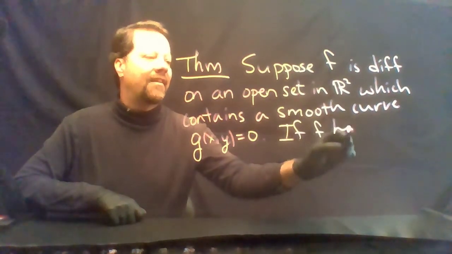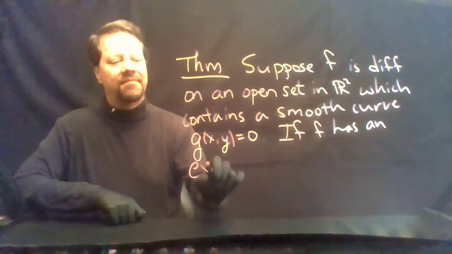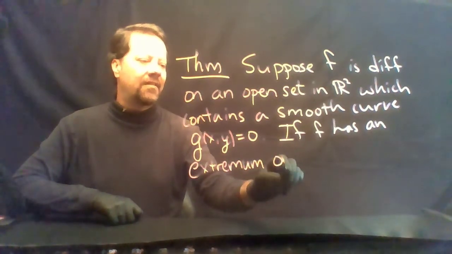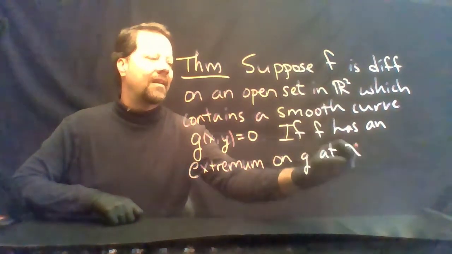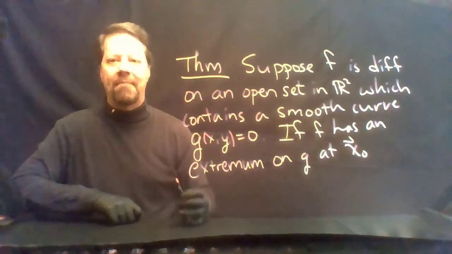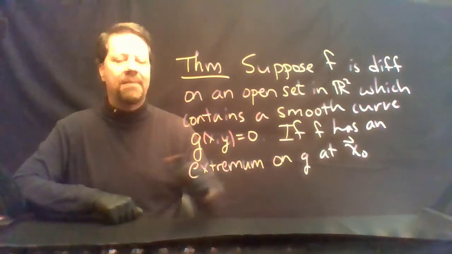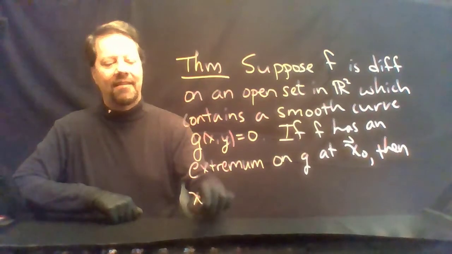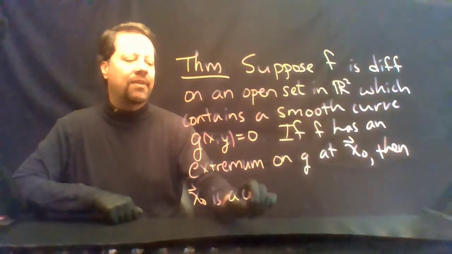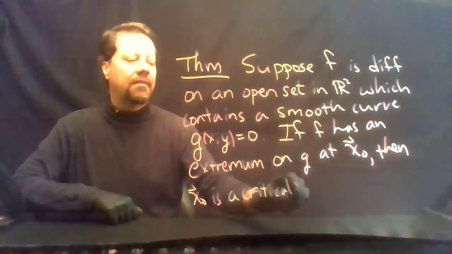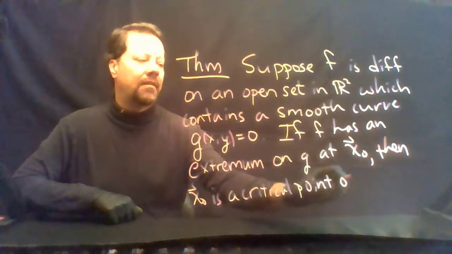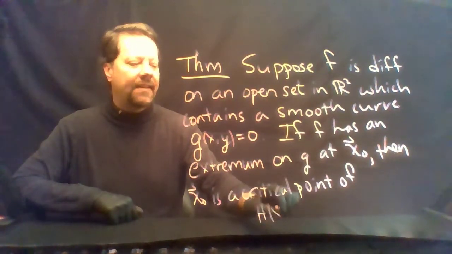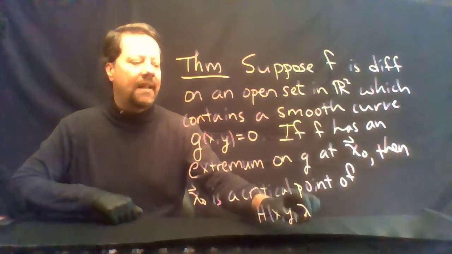If f has an extremum on g at x naught, so you have a maximum or a minimum of f constrained to be on the curve at x naught, then x naught is a critical point of a very special function, the function h of x comma y comma lambda.